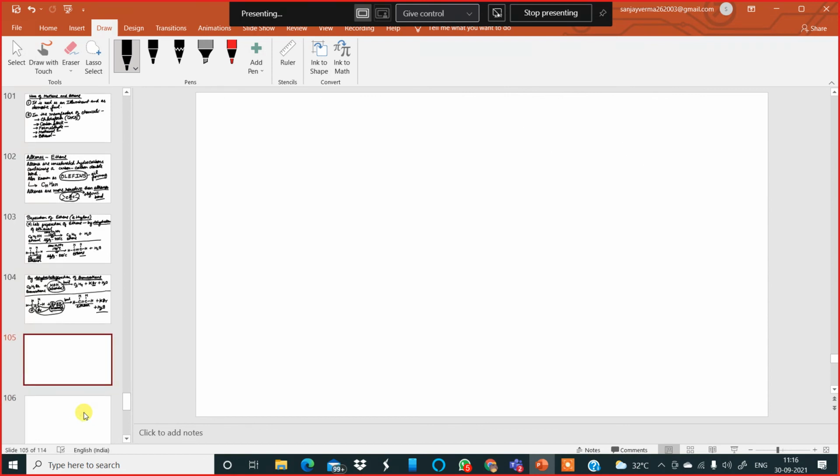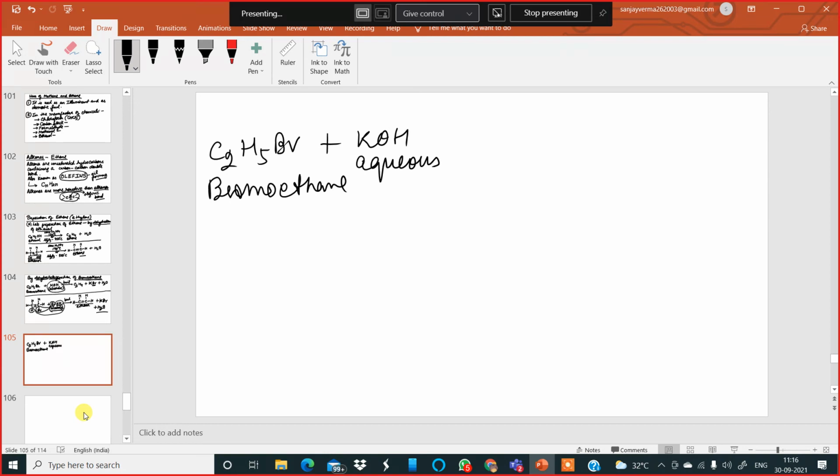For example, if I take C2H5Br, that is bromoethane, and react it with potassium hydroxide, not alcoholic but aqueous, that is in water, then instead of ethene, it will form an alcohol, C2H5OH, plus KBr.